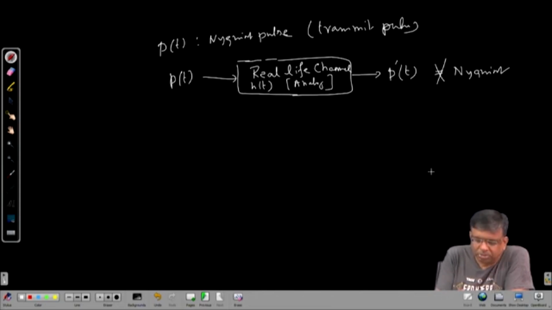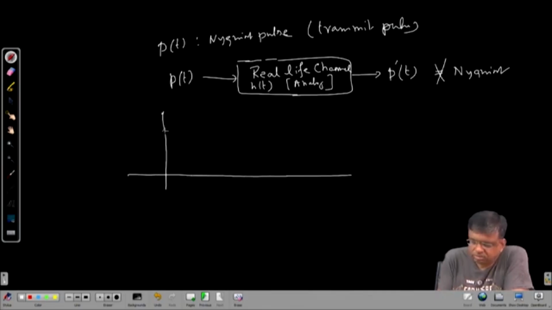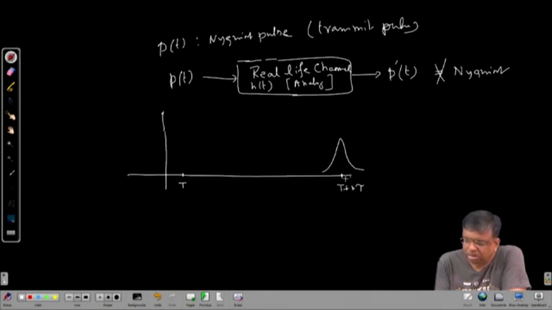Okay. So, what will happen is this, you will receive something like this. At capital T, you will be sampling the received waveform, this is the received waveform, to look for symbol I0, then at capital T plus tau to look for symbol I1, at T plus 2 tau to look for symbol I2, and so on. So, in general at T plus n tau, you have this pulse which is no longer Nyquist, it might be like this, some pulse.